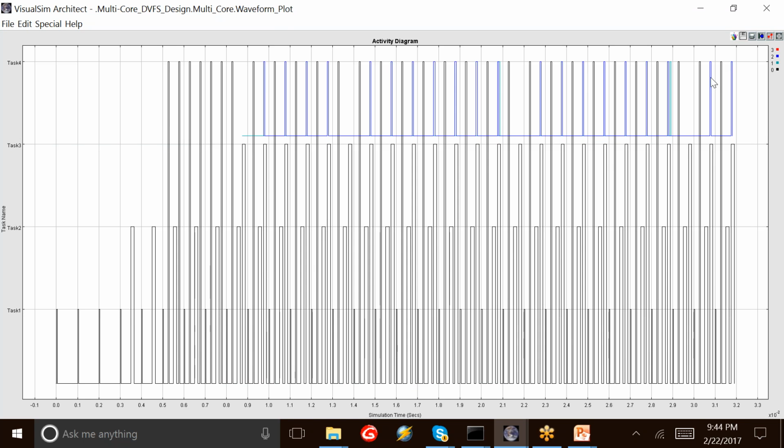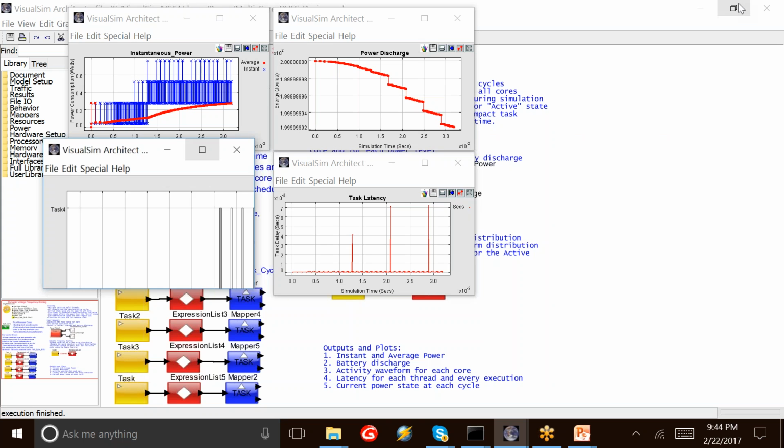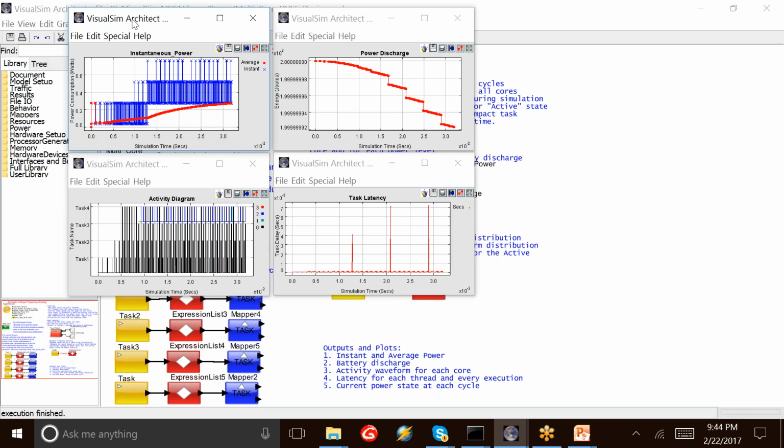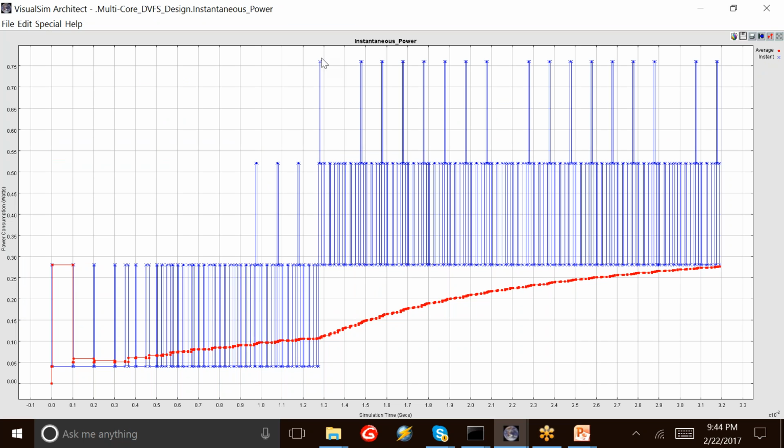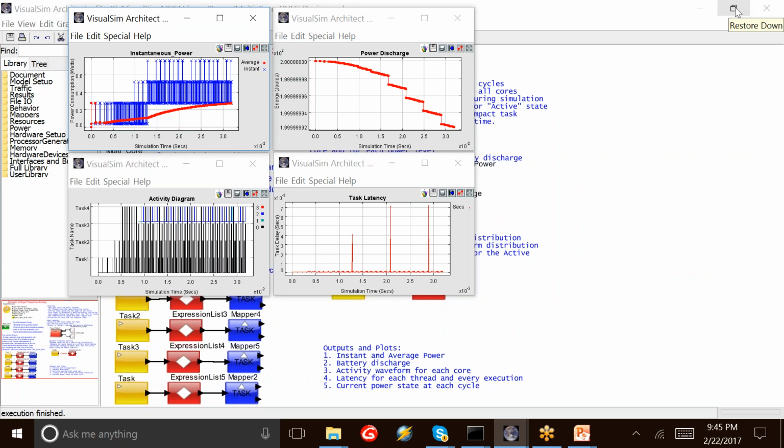The rest of them are completely inactive, which means I really need a 2-core system. Here's the other aspect though. I was at 1, I'm now at 0.75. So I actually reduced my peak power consumption by almost 25%, which is a huge cost saving for the rest of the system.